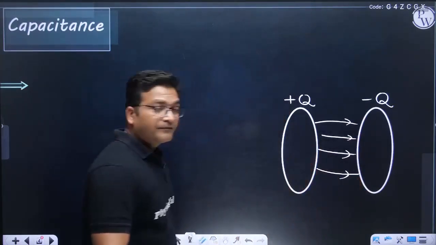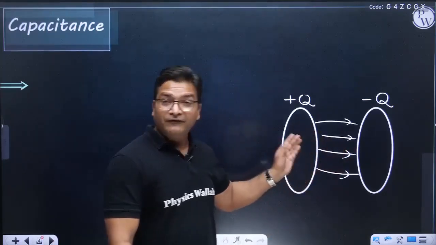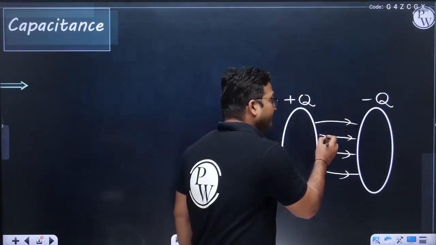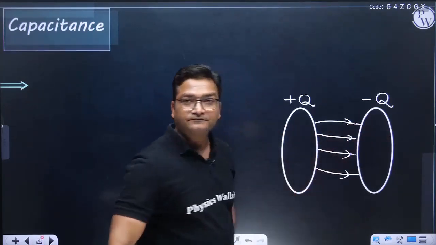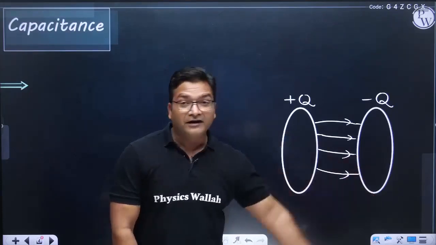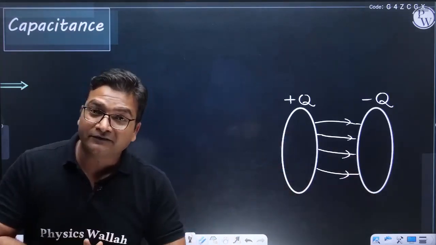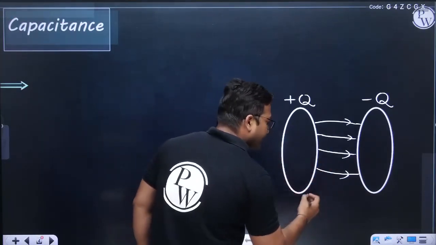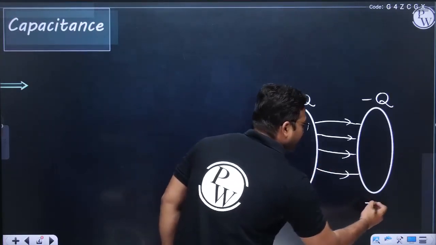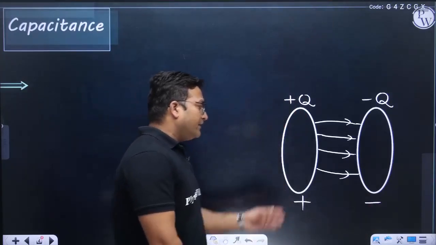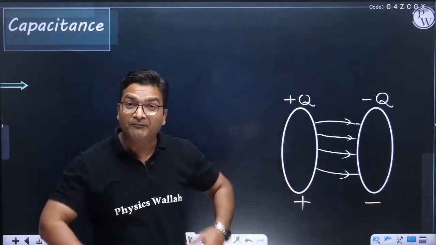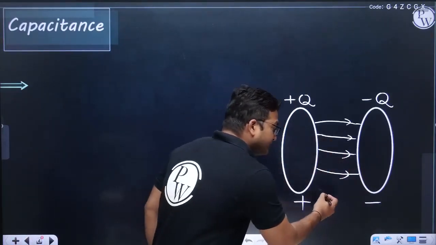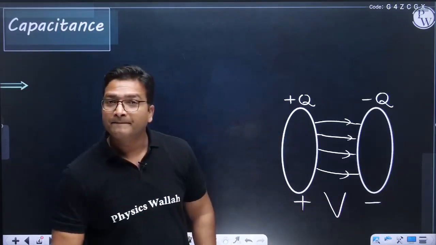And as you know, electric field lines will definitely start from the positive conductor, and they will terminate on the negative conductor, right? And along the electric field line, as you all know, potential decreases. So there will be some potential difference between this capacitor's conductors. So plus and minus denote that at the positive conductor we have bigger potential, and at the negative conductor we have lower potential. Suppose this potential difference is V.